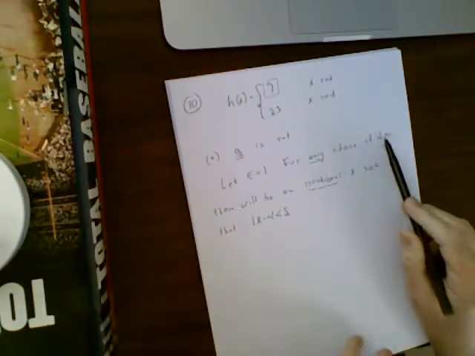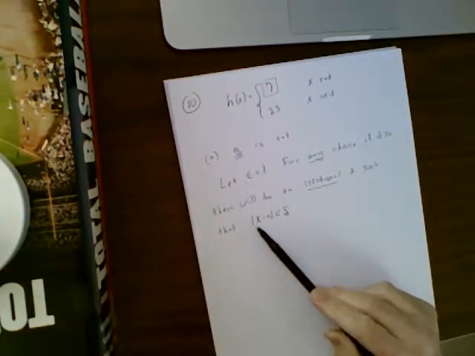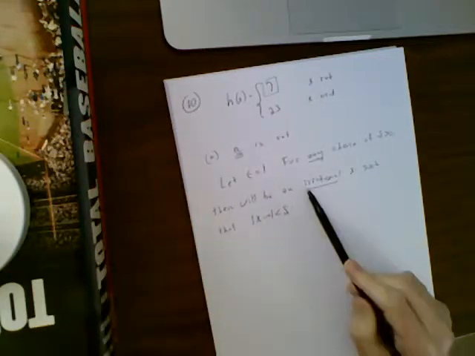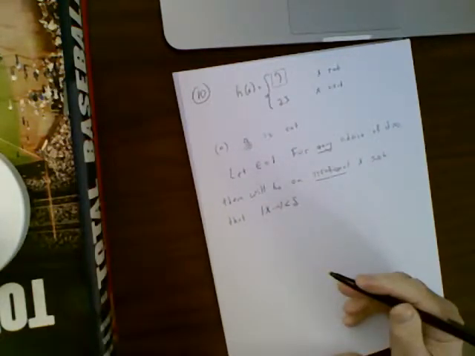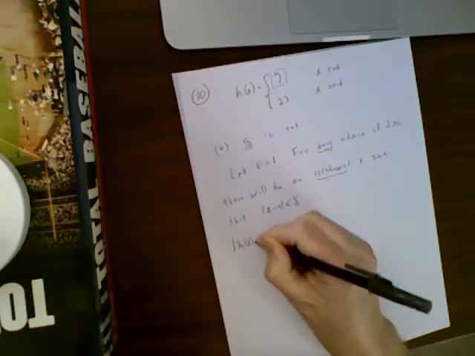In other words, no matter how small an interval you pick, you can find a point that's close enough to a that is irrational. So then what we have is the absolute value of h of x minus h of a.